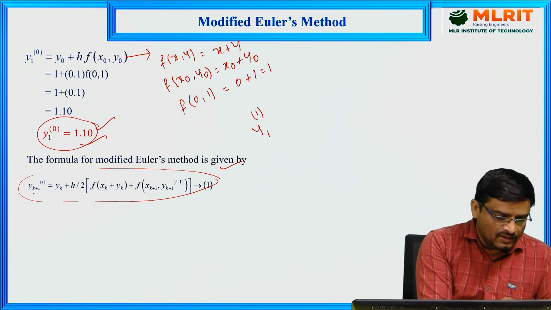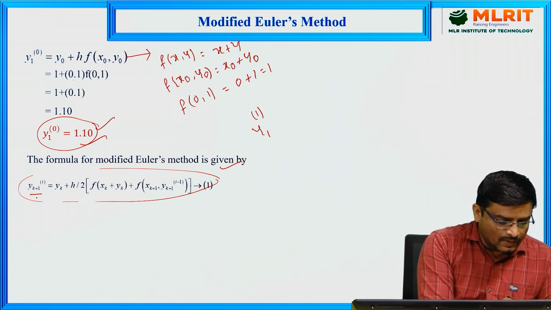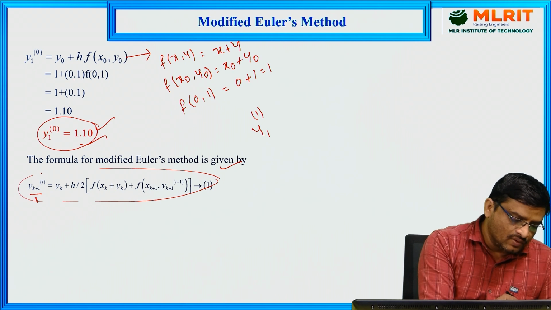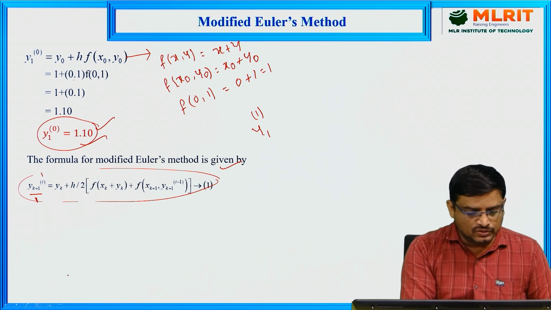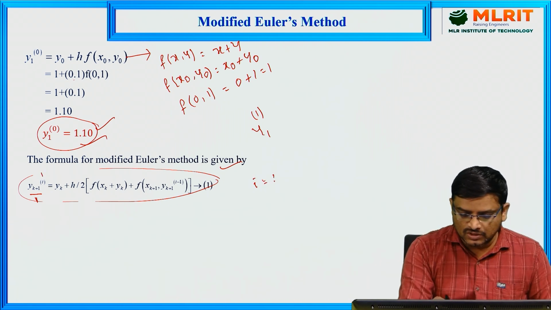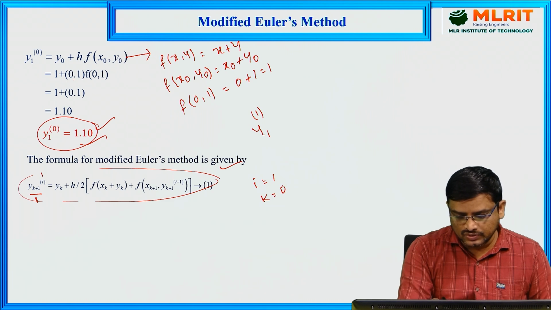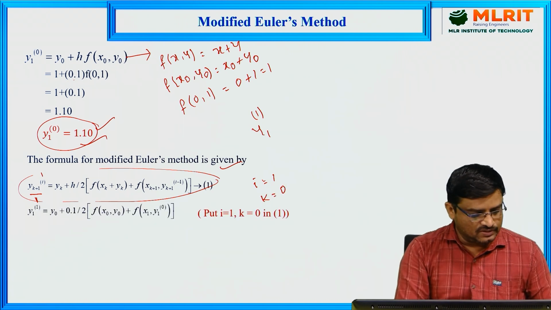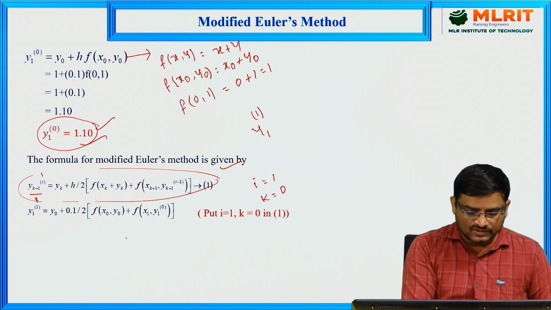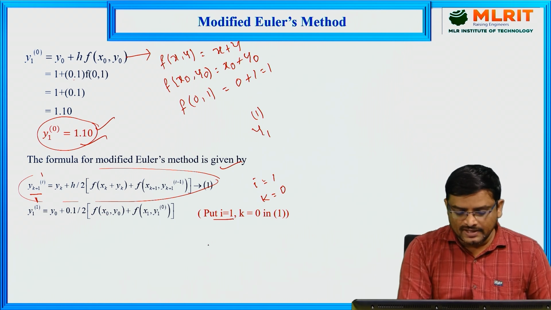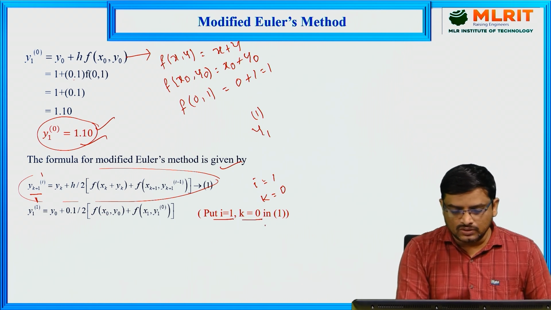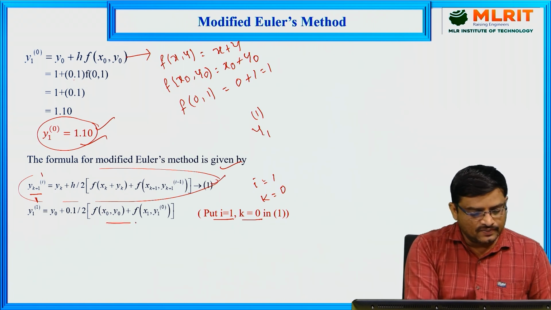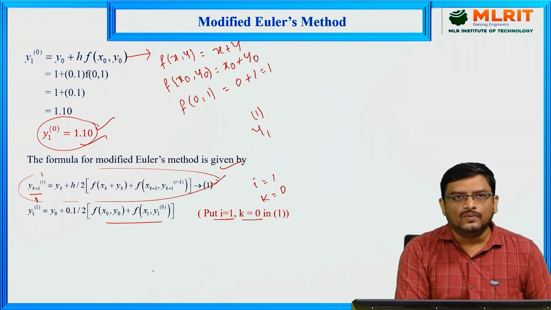So here we want y1, and in the numerator, in place of y we want 1. So substitute i is equal to 1 and k is equal to 0 here. Then we can get our first approximation of y1. After substituting i is equal to 1 and k is equal to 0 in this equation, we will get the standard formula to find the first approximation of y1 here.